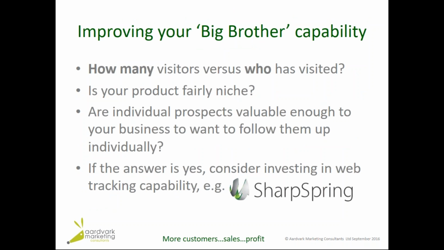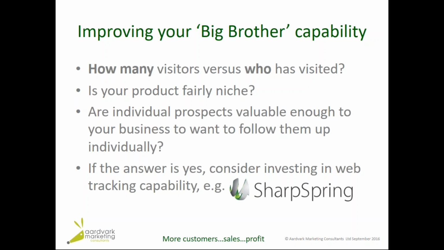Okay, so if you've got to grips with Google Analytics, or you think you might need more in terms of Big Brother capabilities, it's generally moving from numbers of visitors, looking at each website page, and that's interesting, but you can actually now track who's visiting your website, and that can be much more powerful.